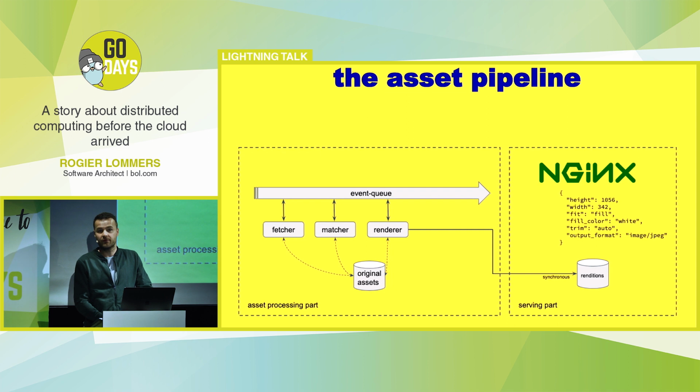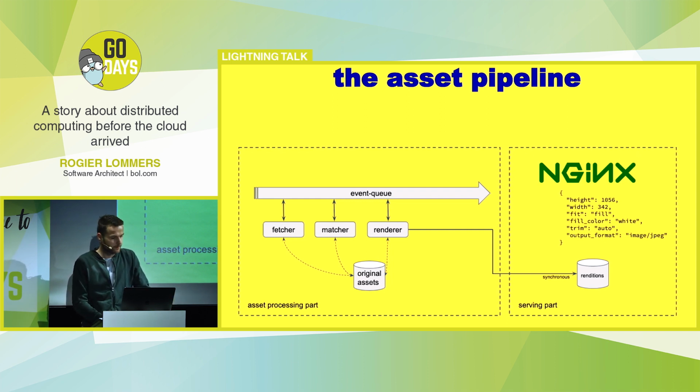After a successful match, we trigger the render process, which pre-renders the original into several web-optimized formats. Each format is saved to disk, from where it is served to our customers using good old Nginx. And everything is linked together through an event system.